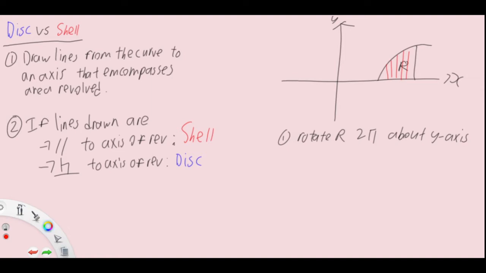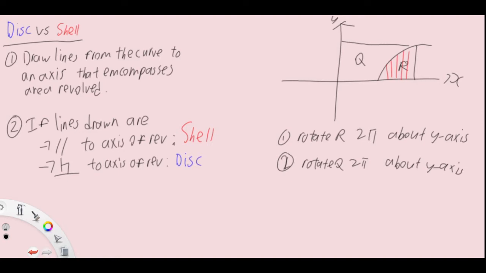Let's do another question, same graph. Now we have another area, let's say this area here is Q. The second question is: we rotate Q 2 pi about the y-axis. What do you notice?